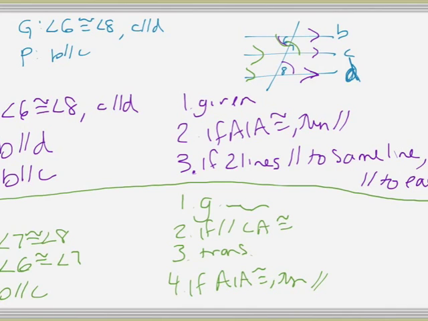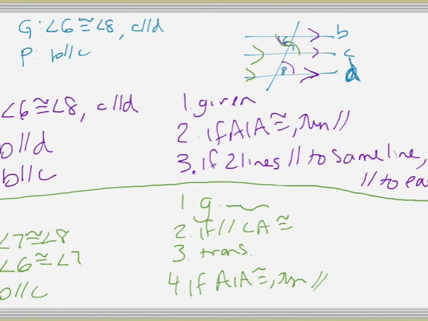Sometimes students start to get confused about our reasons in step 2 and step 4, where one of them says if parallel, then stuff about angles, and the other one says if stuff about angles, then parallel, and students aren't quite sure which way to write those reasons, okay? Whatever you're saying on the statement side should be the then of what you're saying on your reason side.